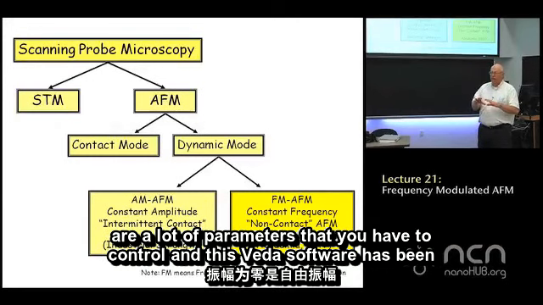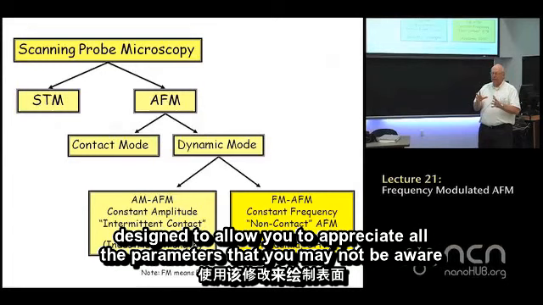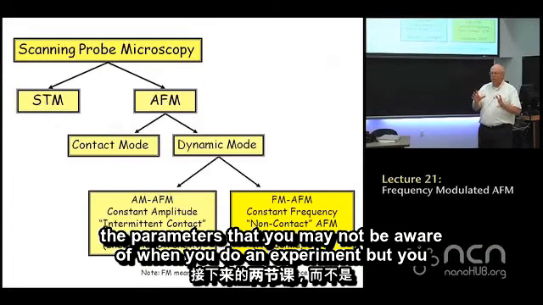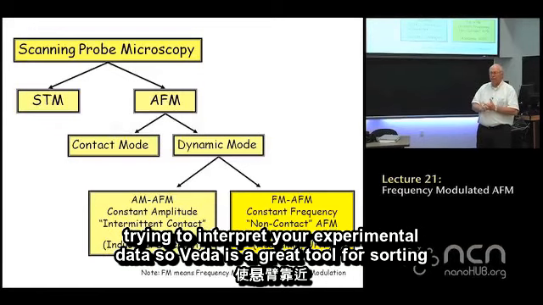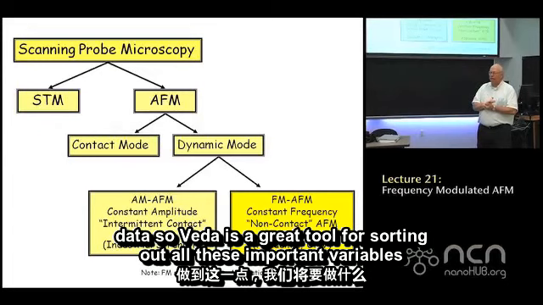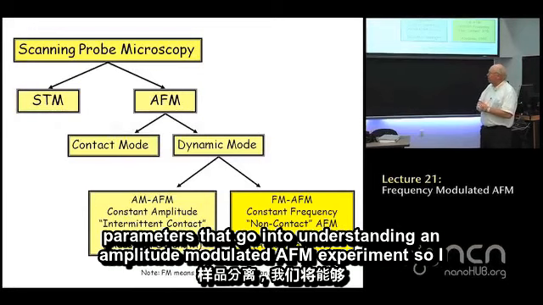And this Veda software has been designed to allow you to appreciate all the parameters that you may not be aware of when you do an experiment, but you should probably be aware of when you're trying to interpret your experimental data. So Veda is a great tool for sorting out all these important variables, parameters that go into understanding an amplitude modulated AFM experiment.